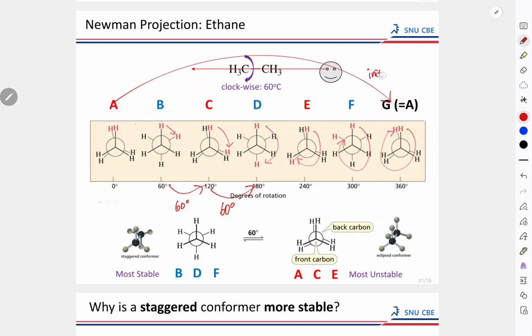So conformational state G has to be equal to conformational state A. This is the simplest case, ethane.